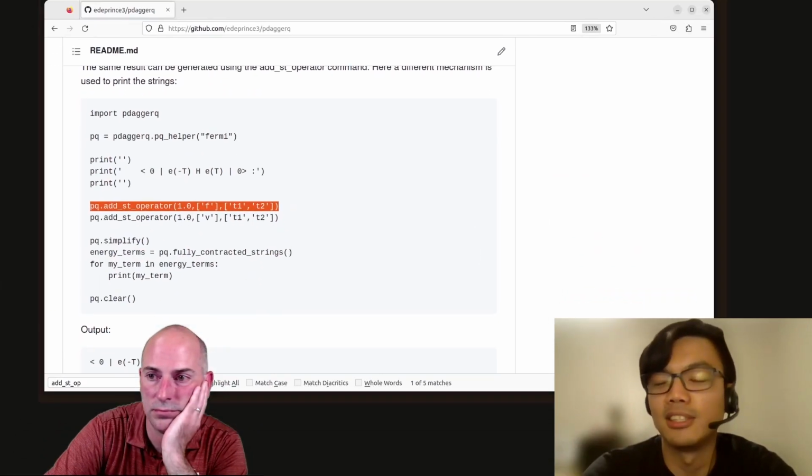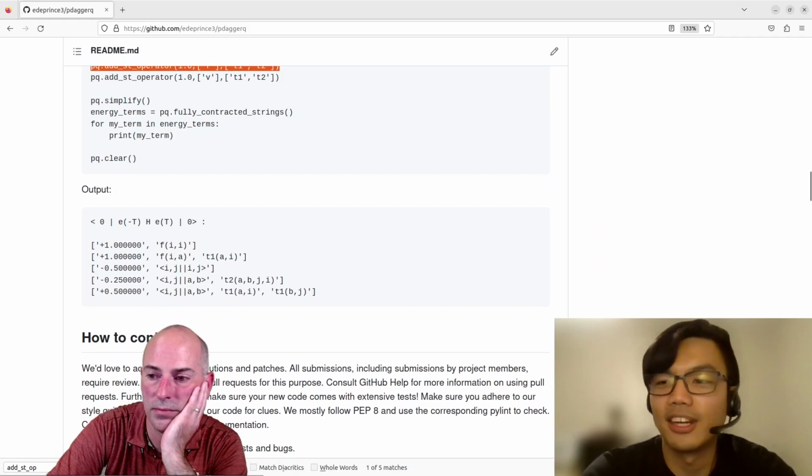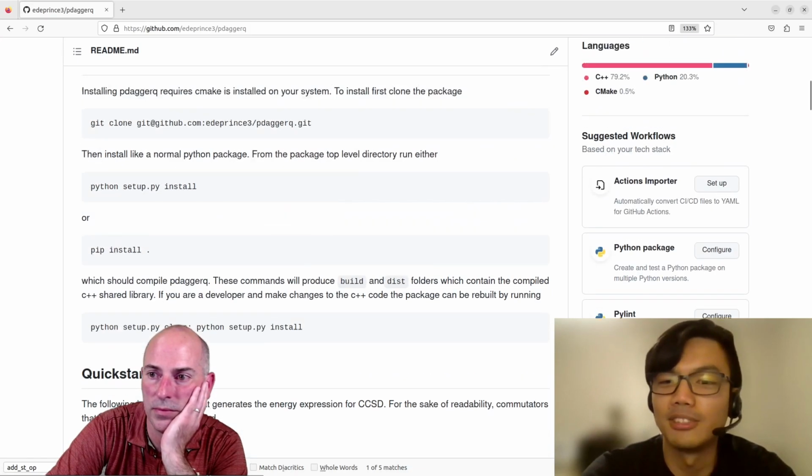But actually going in the C++ code, it's pretty ugly because I wrote it. Yeah, I can actually also generate intermediates for coupled cluster equations, for example, in a very hacky way. But just by defining proper creation or annihilation operators on the right and left, then putting in the add st operator that you want, you can create all kinds of crazy diagrams or terms.